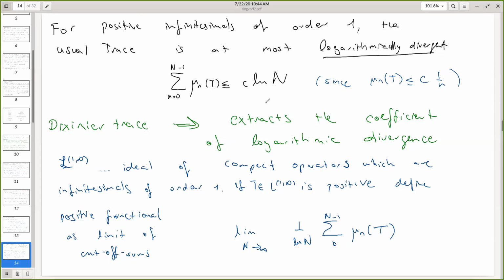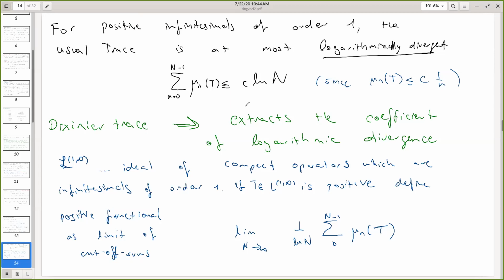It diverges at most logarithmically. So for compact operators that are positive infinitesimals of order 1, worst case scenario, the trace diverges logarithmically. And thus, the Dixmier trace is a trace defined in such a way that it extracts the coefficient of the logarithmic divergence. This is maybe the most sensible way to state it.